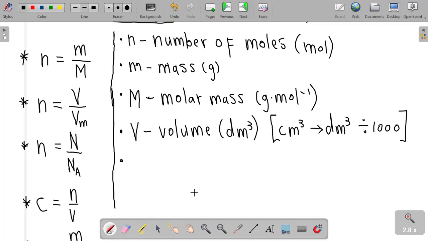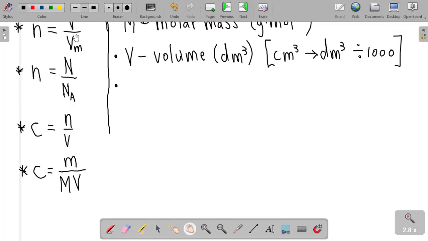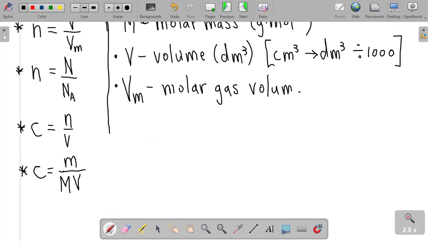And then from there, we go to the VM here. VM, what does that mean? This is a constant, okay? This is the molar gas volume at STP.